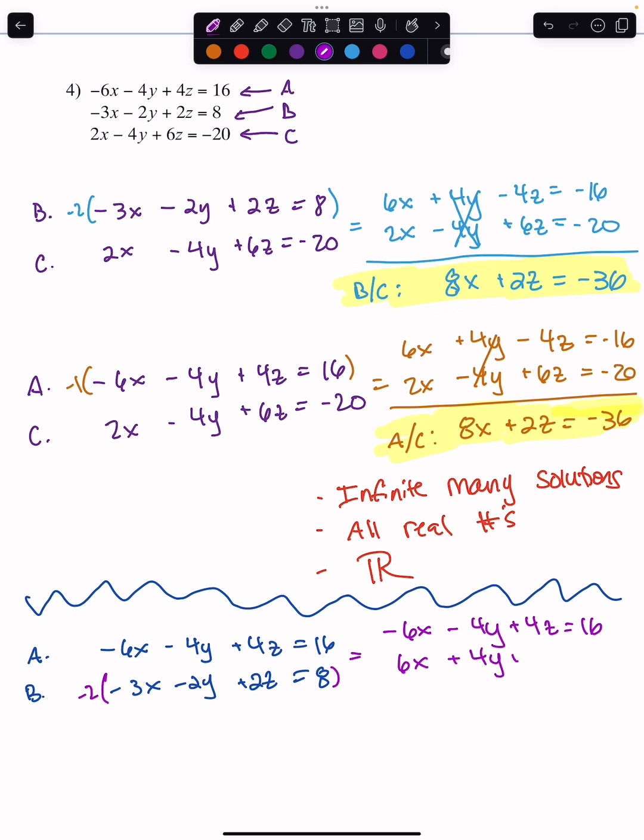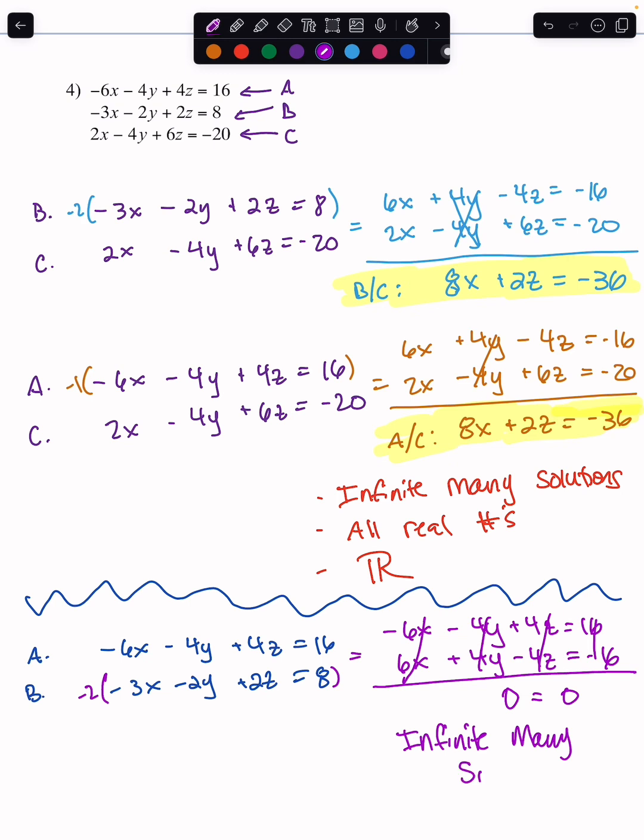Every single thing cancels out, which means 0 equals 0, and that just means infinitely many solutions. Or, in other words, all real numbers. All right. So if you end up running into that, the chances are that your answer is all real numbers.